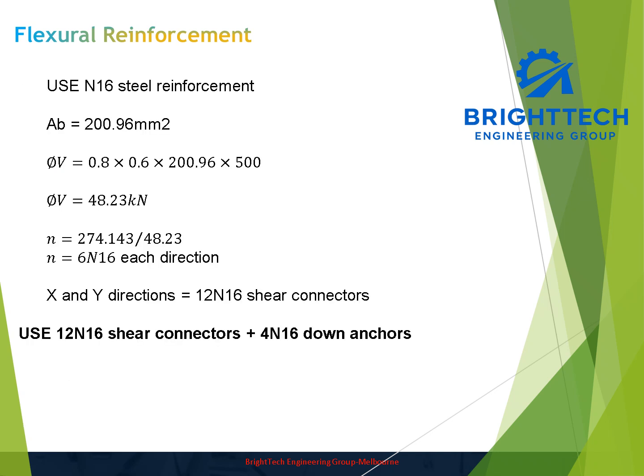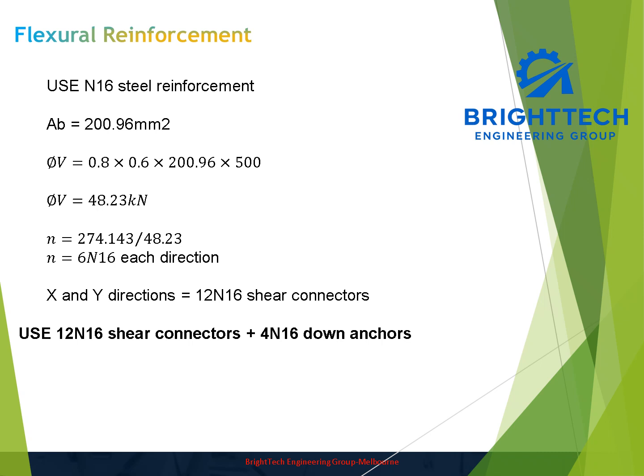And for the shear connector, we can use N16. We calculate the area of each bar, 200.96 square millimeter. Phi V can be found by this equation, which is the shear capacity of each bar.